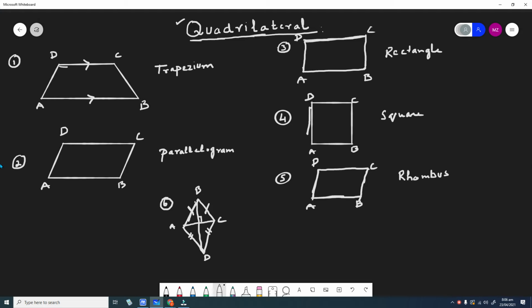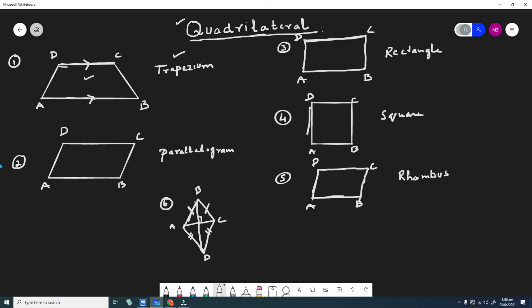First is trapezium. A trapezium is a type of quadrilateral in which one pair of opposite sides are parallel. So here in this trapezium, side DC is parallel to side AB.